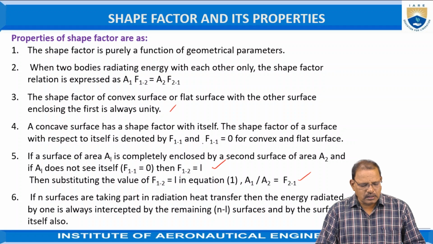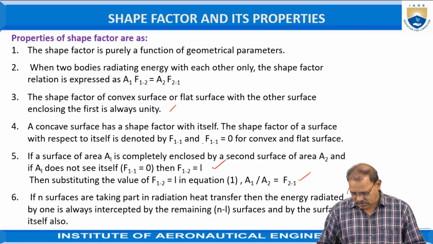Sixth point. If n surfaces are taking part in radiation heat transfer, then the energy radiated by one is always intercepted by the remaining n-1 surfaces and by the surface itself also.